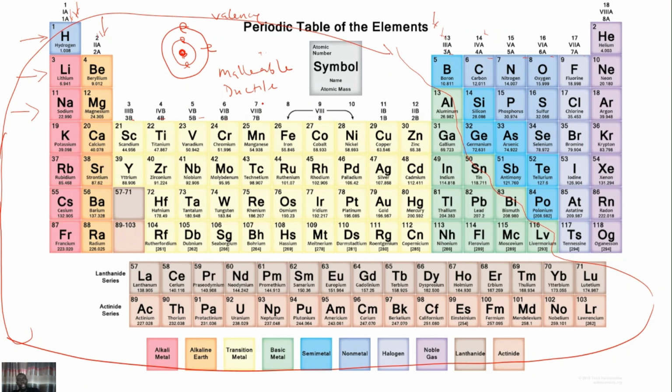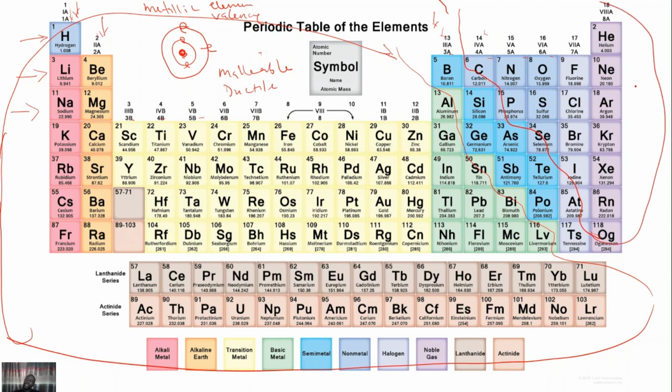They also have their specific density, which is usually higher compared to the non-metals. Now, the non-metals. The metallic elements, I've talked about their chemical and physical properties. On the right hand side here are the non-metallic elements.